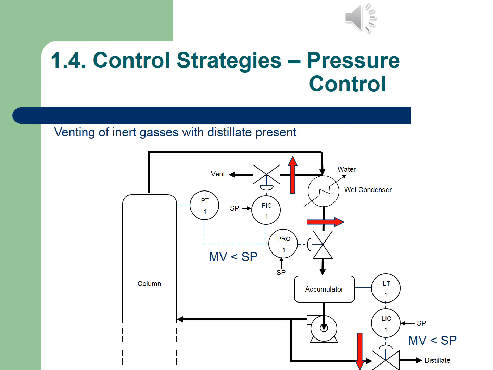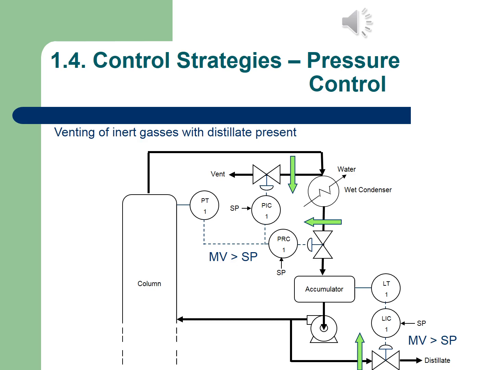Okay, so by checking what's the pressure, we can then actually open the wet condenser. It will release some pressure in the column, or we can actually throttle the venting valve just to get rid of this inert gases that's present. And then the last part is just the level to check the level of the accumulator. If the level is not too high inside of the accumulator, it means some of that will be fed back into the column for further purification.